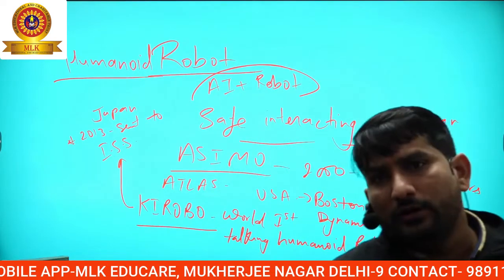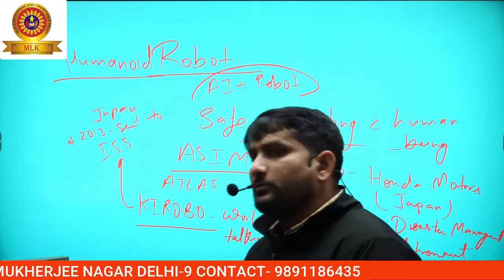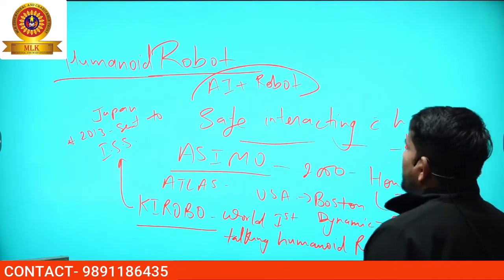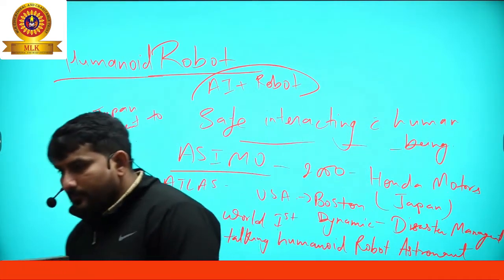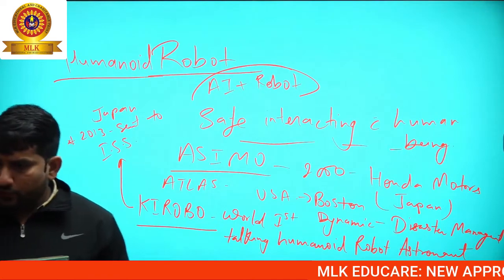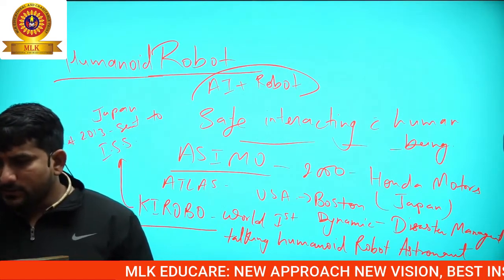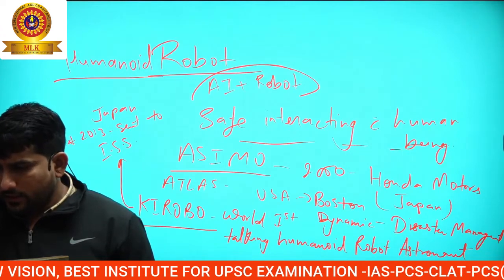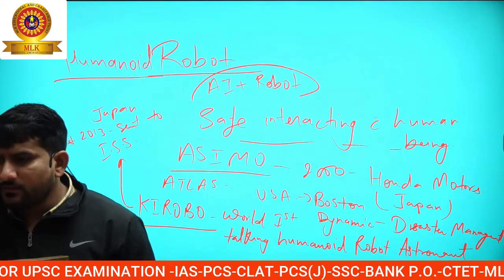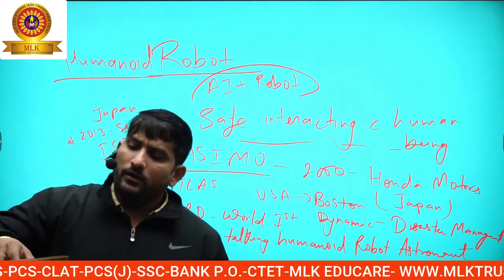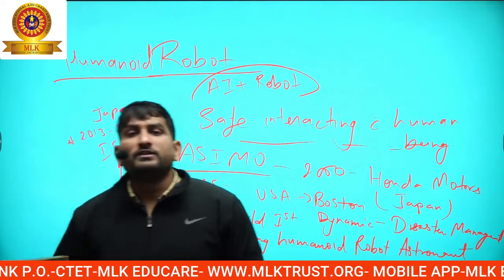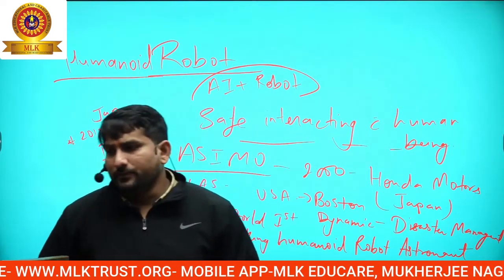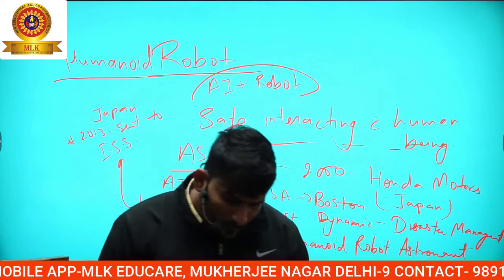Now, the examples I have given are examples of robots, not particular humanoid robots. Clear? Okay. So now we have to discuss the applications of robots. What kind of applications, how robots are applicable, and in which field robots are applicable.